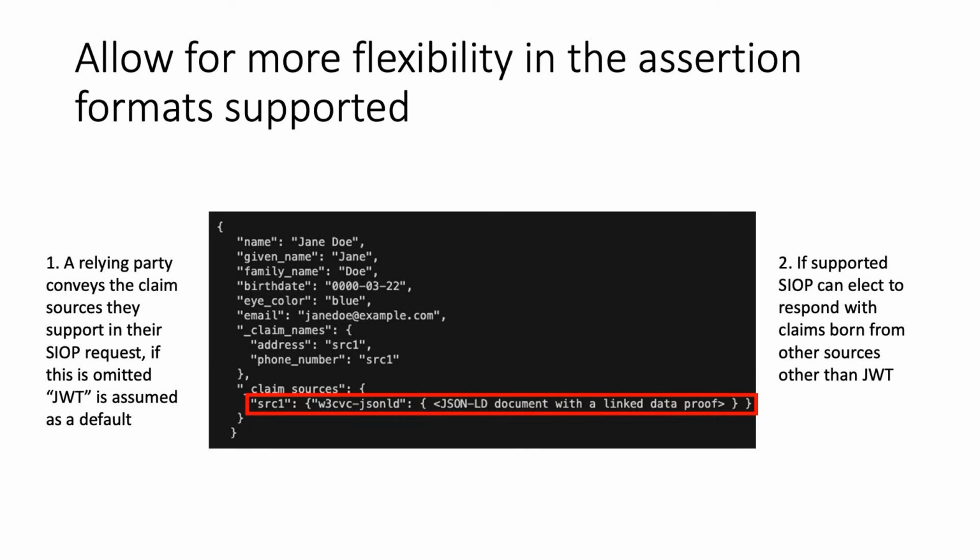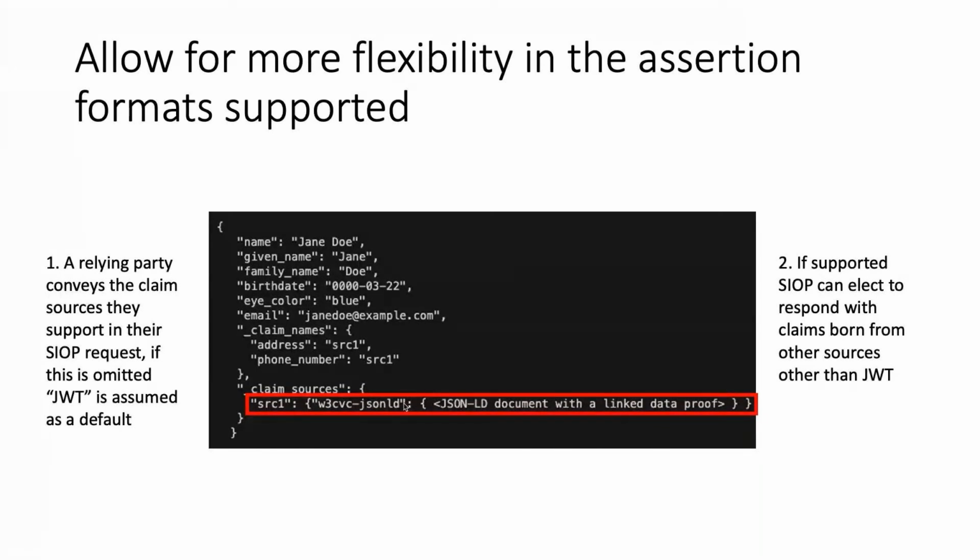So essentially, at the moment, aggregated and distributed claims allows for multiple claim sources, multiple assertions of the same source, but a JWT form of those claims has to be present.